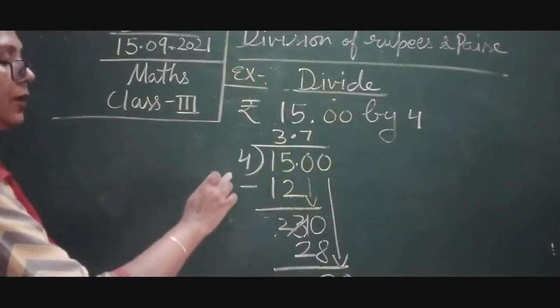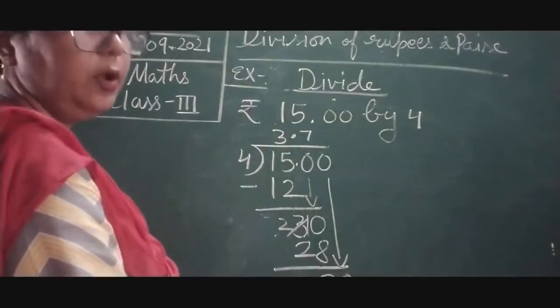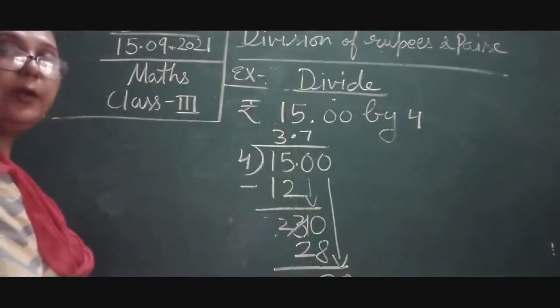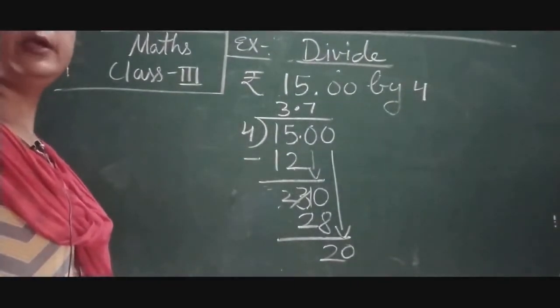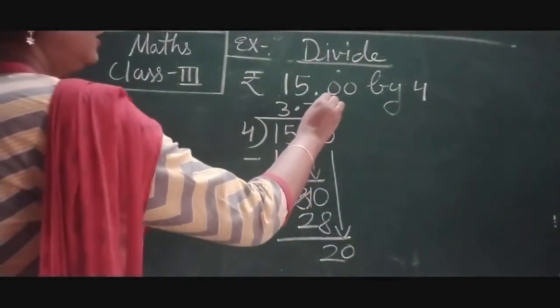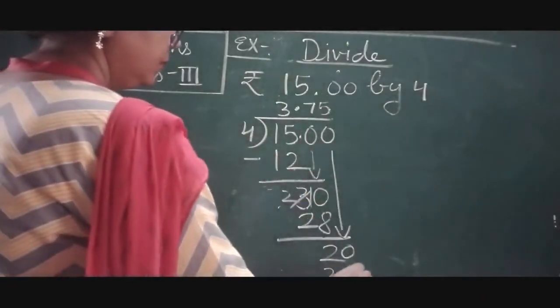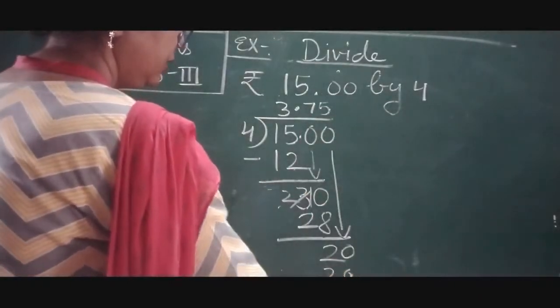Then we will say 4 ones are 4, 4 fives are 20, children. Here you can see 4 fives are 20, so here nothing will be remaining.